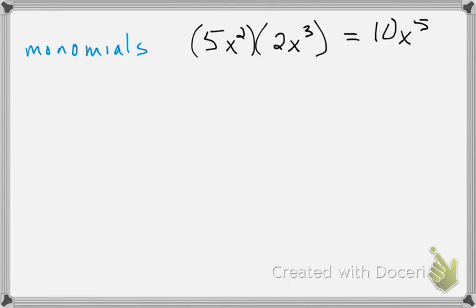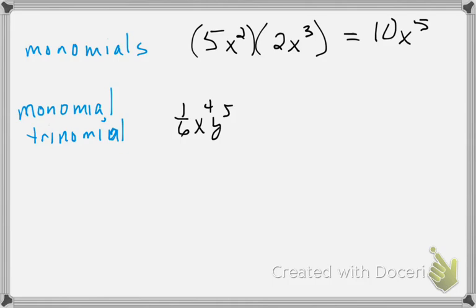What if we have a monomial and a trinomial? So let's say that I give you 1/6 x to the 4th y to the 5th. That's a monomial, just one term, right?